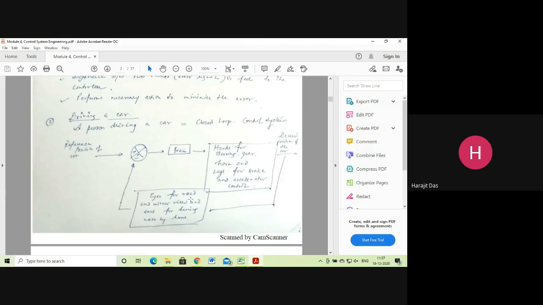Eyes for the road and mirror view, and ears for hearing alarms or whatever it is. So this is the human mechanism of a closed loop control system. I have cited this example to help understand the concept, but it will not be applicable in our mechanical field.